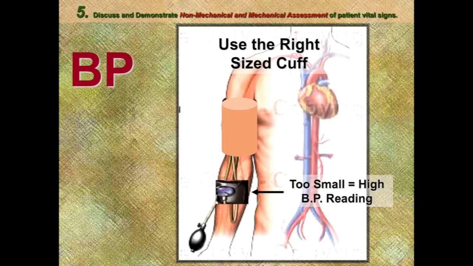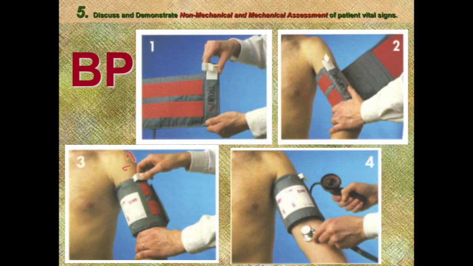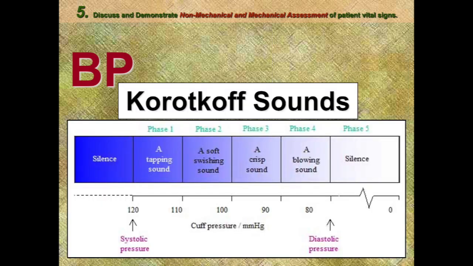And if it's too small, the blood pressure reading is going to be artificially high. Make sure you know how to practice Korotkoff sounds. Take and read that over. You'll see that in the slides here. Each of you should be able to perform manual blood pressure readings and know what the Korotkoff sounds are.